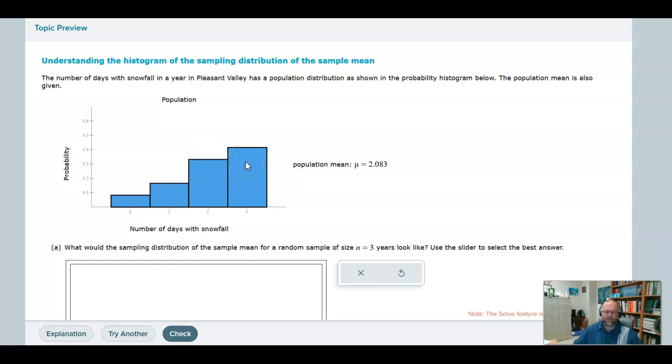In order to be able to use our definitions for the central limit theorem, which is the average of the sample means and the standard deviation of the sample means, we either need to start from a normal distribution, like we did on the last problem, or our sample size has to be greater than 30.